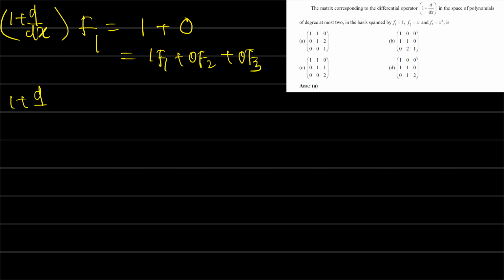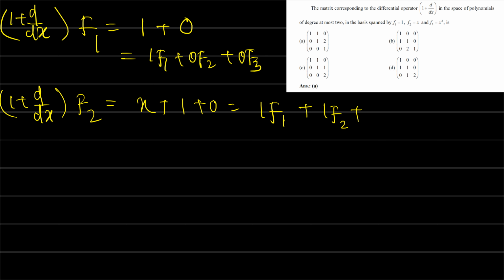Next, 1 plus d by dx on f2, so it will be x plus 1 plus 0, so we can write it as 1 into f1 plus 1 into f2 plus 0 into f3.